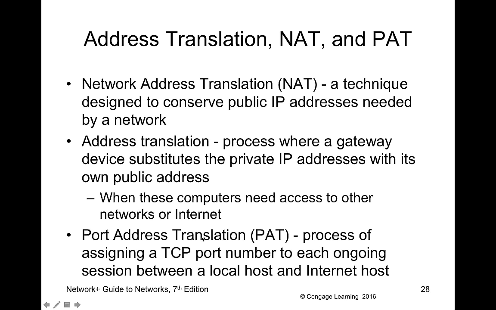NAT, Network Address Translation, is a technique designed to convert external addresses to internal addresses. I showed you on my router a few minutes ago how that external address translated to an internal address at 192.168. That's called network address translation. It's a process where the gateway device substitutes the private address.